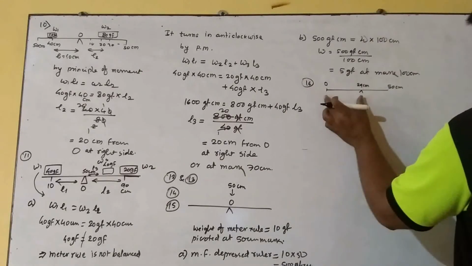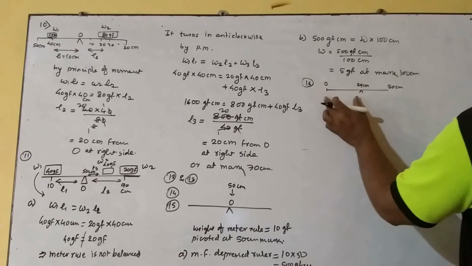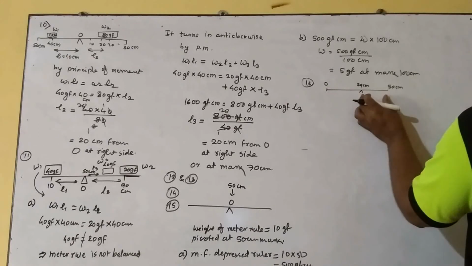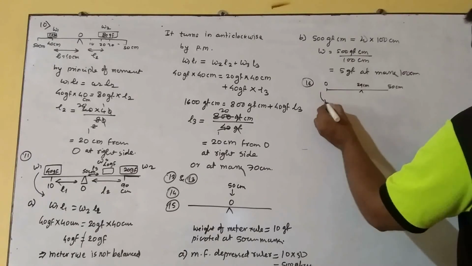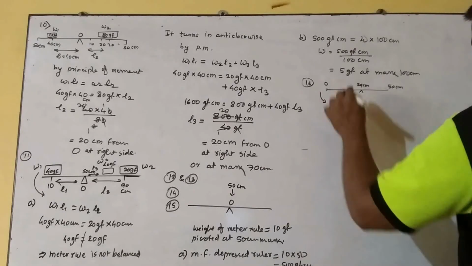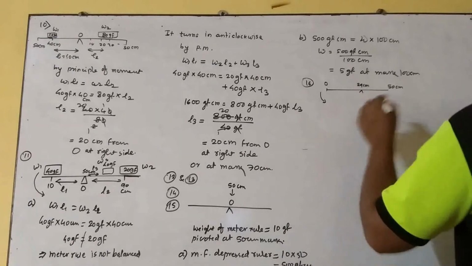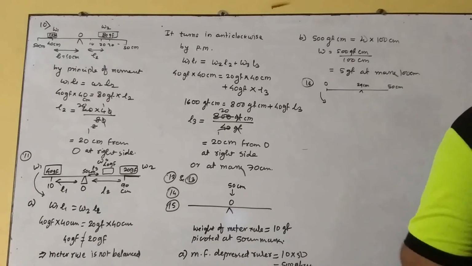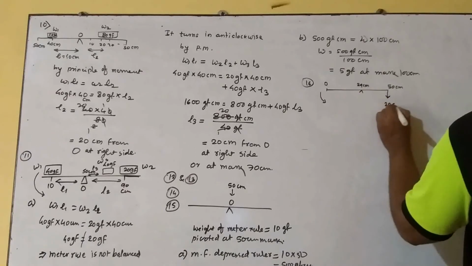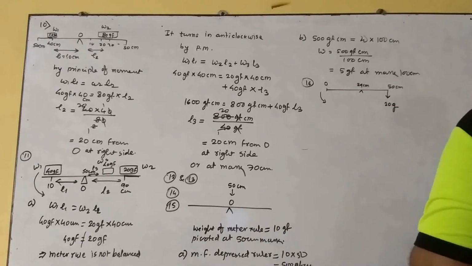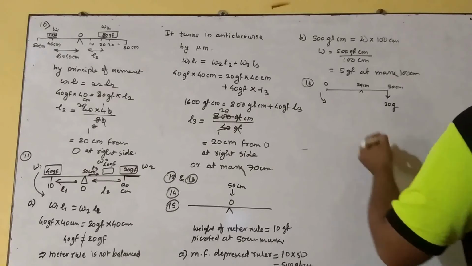Here 29 means near about 30, so 21 centimeter remains. The turning moment of this ruler is at left side, in an anti-clockwise manner, so we have to put this 20 gram of weight at this side, hung from its one end. Draw the diagram of this arrangement.